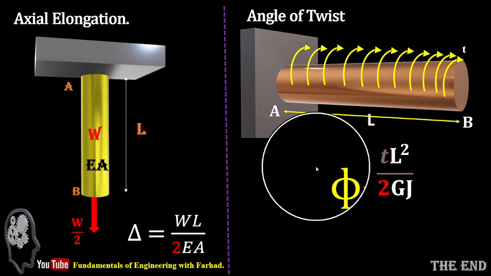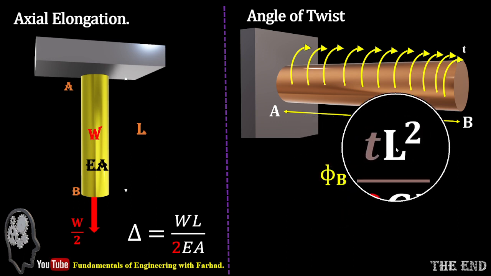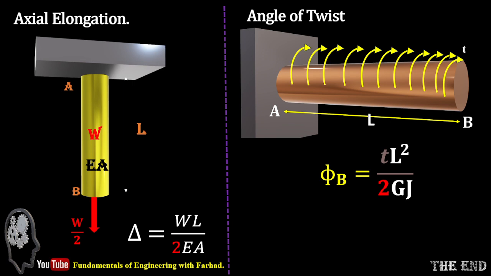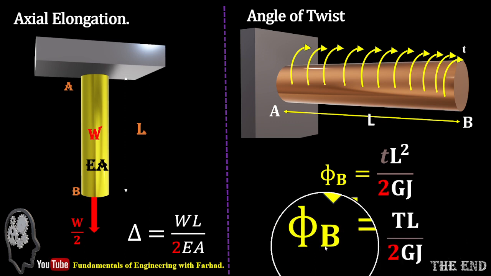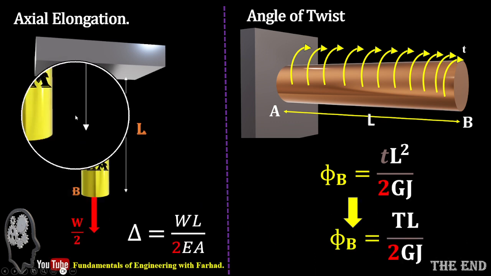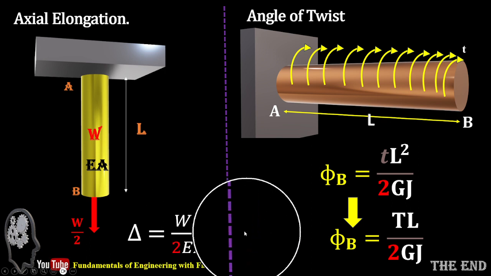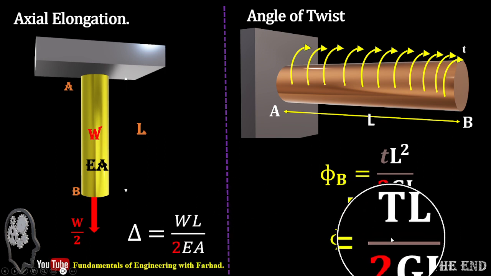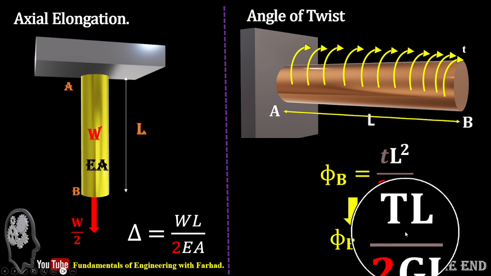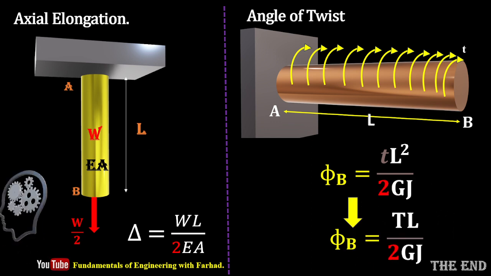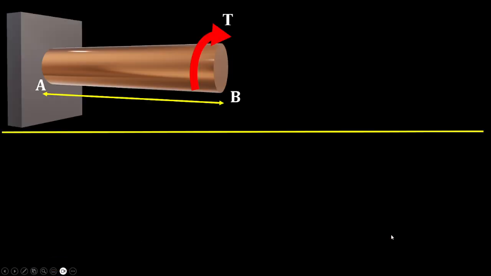So phi, we already calculated this formula by integration. That's small t L squared over 2GJ, and you can also write it as TL over 2GJ. You can easily see that the delta in axial deformation is WL over 2EA, and phi under the continuous torsional torque is TL over 2GJ.